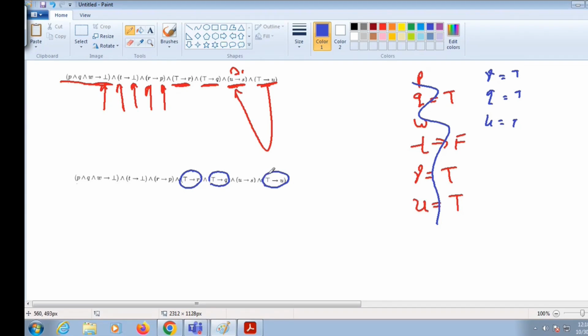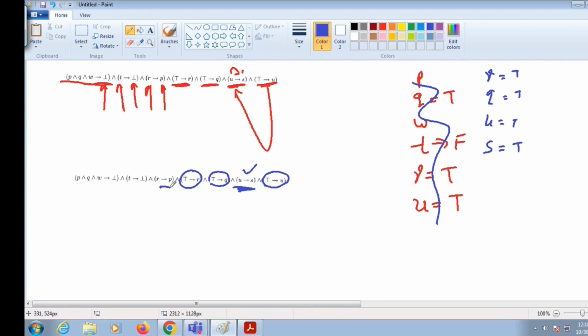So this is the information that you have. Now, can you find out anything new out of the available things? You can see that U implies S, and since U is true, you get S is equal to true also. Is this part clear or not?